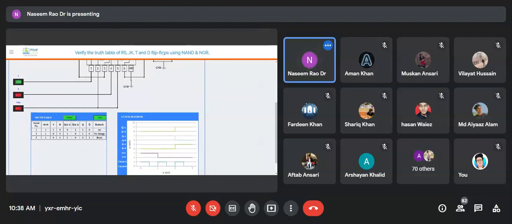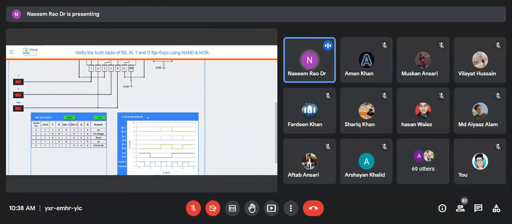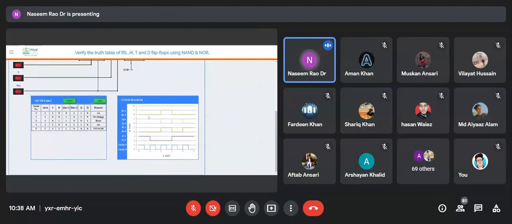If the clock pulse is not applied, you have to press the clock pulse and then add. So this is the set state, and this is 1 and 1, and the clock pulse is here, invalid state. So there are 4 states, and this is the clock diagram of y-axis versus z-axis.